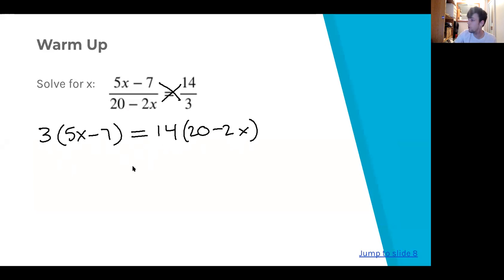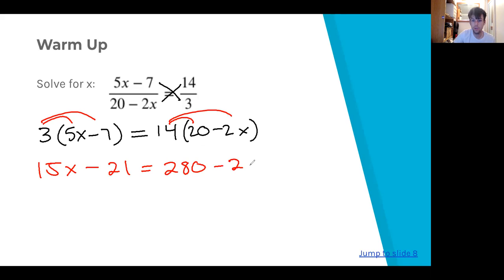So these are our two cross products. We make sure to distribute here. 3 times 5x is 15x. 3 times 7 is 21. 14 times 20 is 280. 14 times 2x is 28x. So there we go. Go ahead and finish solving this.